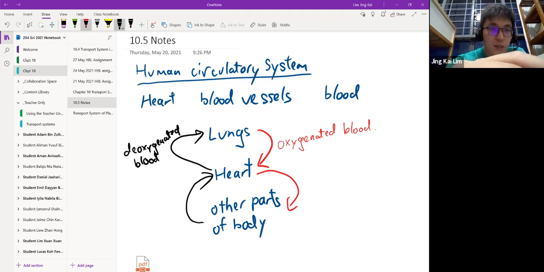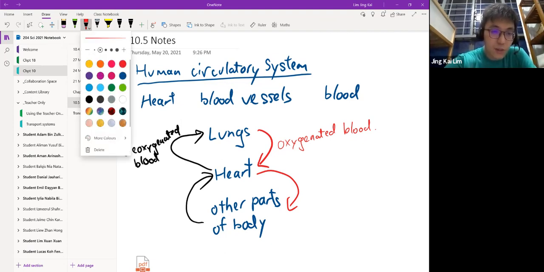The other thing we need to know is that as long as the heart pumps out blood, it has to pass through a certain kind of blood vessel called the artery.